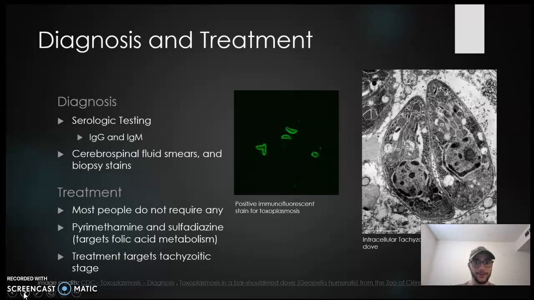So you can't replicate if you don't have any DNA. And the intracellular tachyzoites are shown in the picture. It's in the lung cells of a dove. So you can see there are two, and they're surrounded by a special phosphoric vacuole inside that protects it from the phagolysosomes.